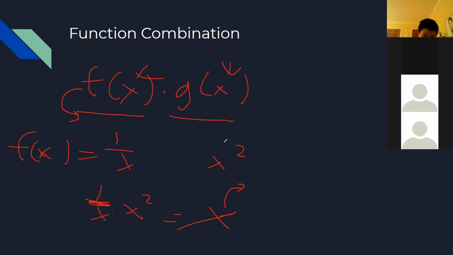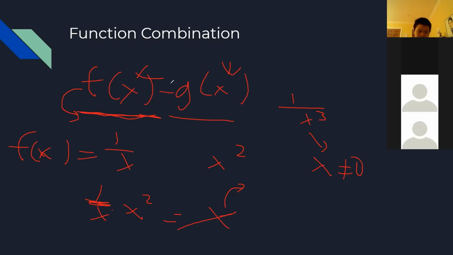So you'll need to watch out for domain issues when combining functions. It would be similar if, say, this were a divide. This would be 1 over x cubed, which is actually, that's a bad example, since it keeps the x can't be 0.